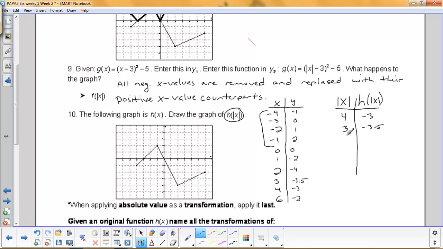Okay? -2 becomes 2, and 2, its positive counterpart, is -4. Down here, -1 is 1, and its positive counterpart is -2.